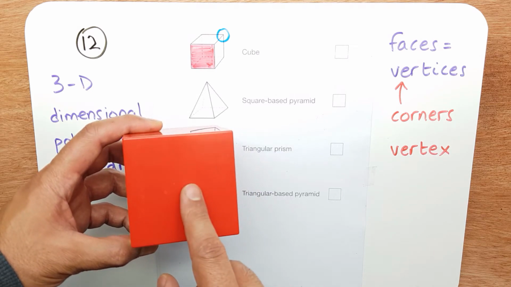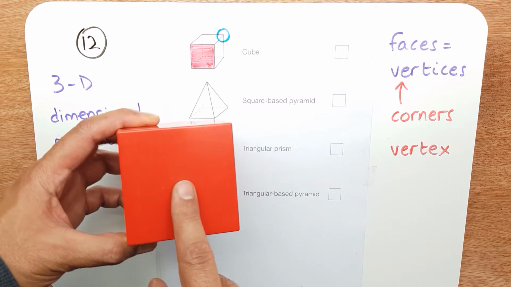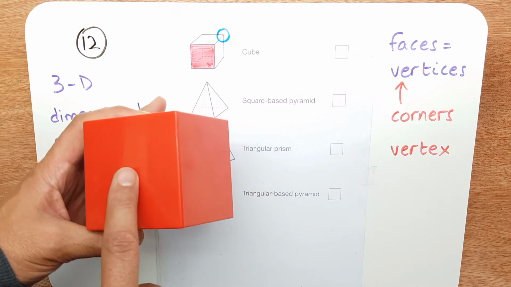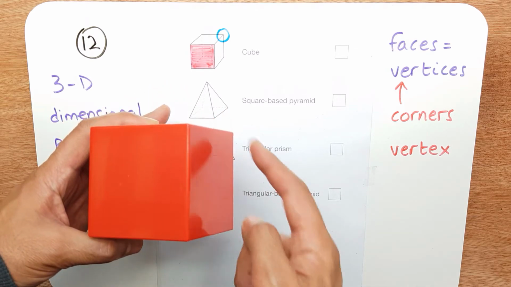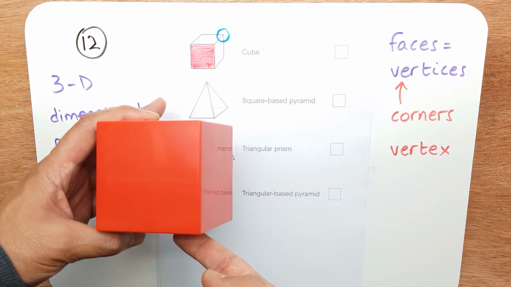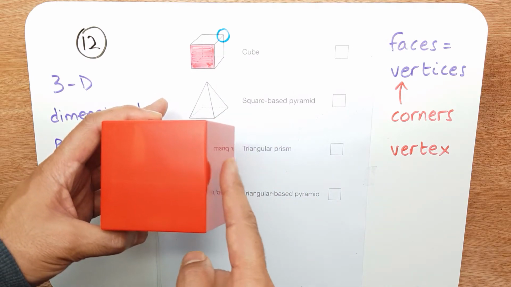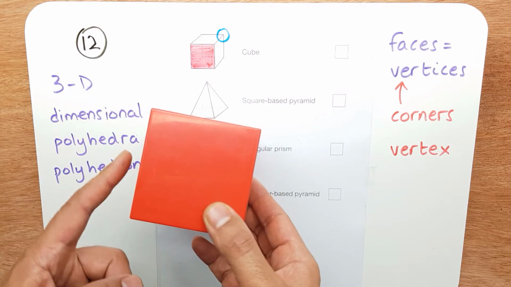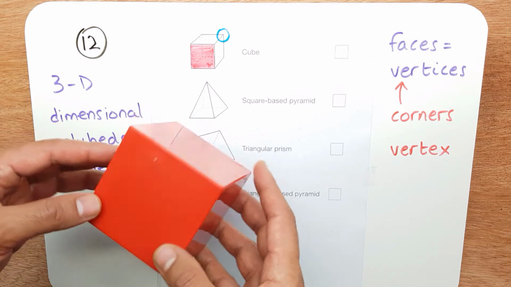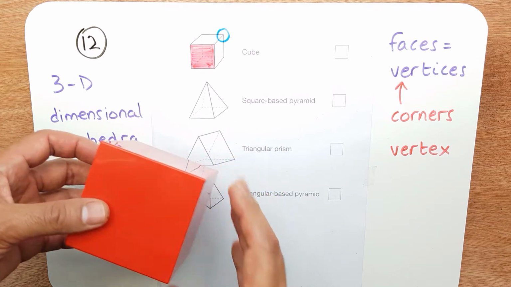So if we look at this, the front face, and then you have a face at the back. The front face and the face at the back. At the top and at the bottom. And then this face here on the right and this face here on the left. So in total you have 6 faces on a cube.